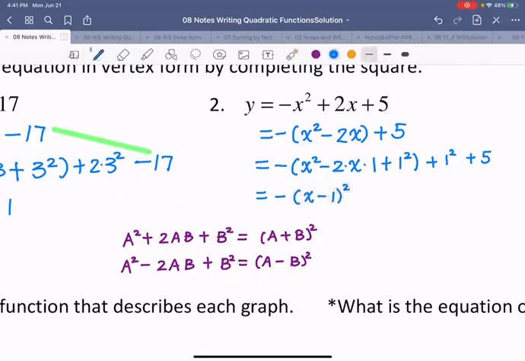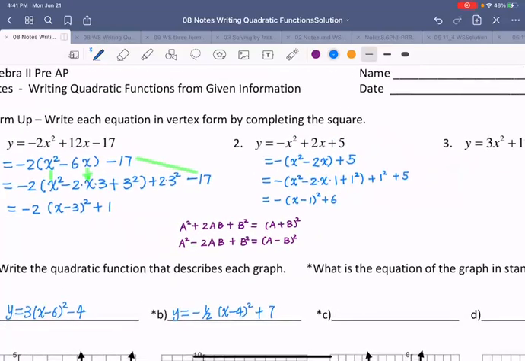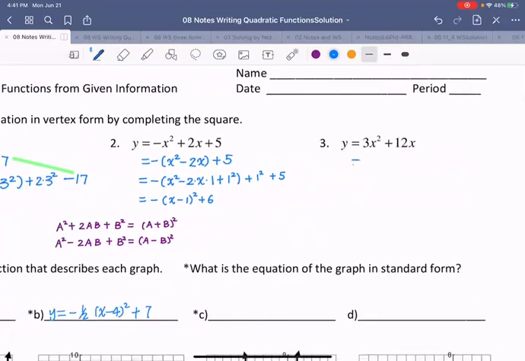Does this make sense to you? Yes, it does. And then how much is this? That would be 6. Thank you. Okay. This is called completing the square.